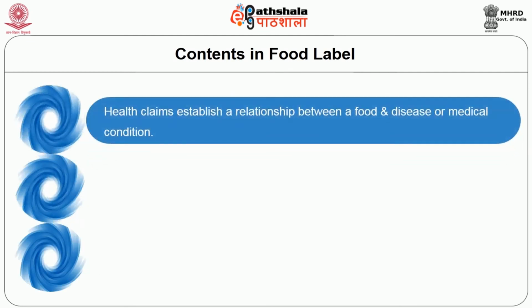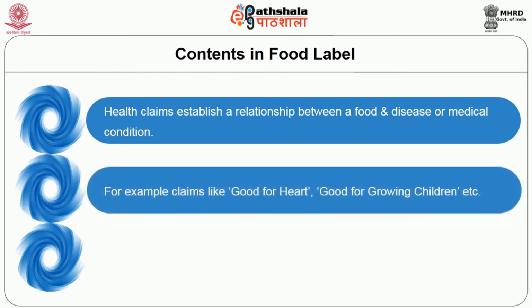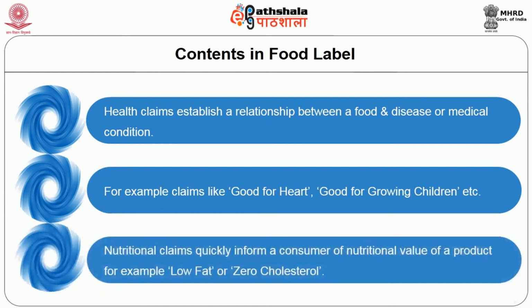Health claims establish the relation between a food and disease or medical condition, for example, claims like good for heart, good for growing children, etc. Nutritional claims quickly inform a consumer of the nutritional value of a product, for example, low fat or zero cholesterol.